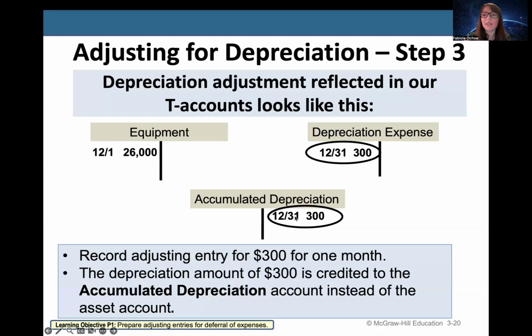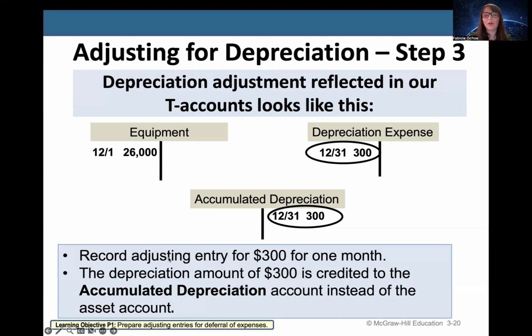Now we will go over this down the line, but for now you need to know that accumulated depreciation is a contra asset account. It brings down the asset value of your asset on your balance sheet. And again, we'll go over this.